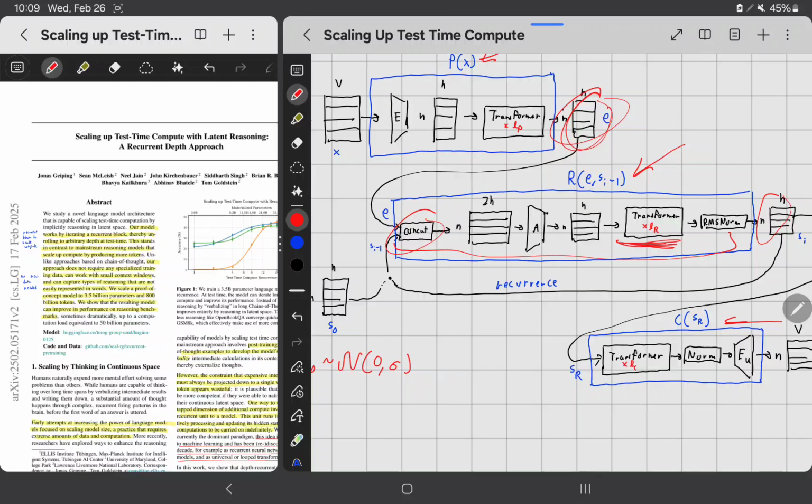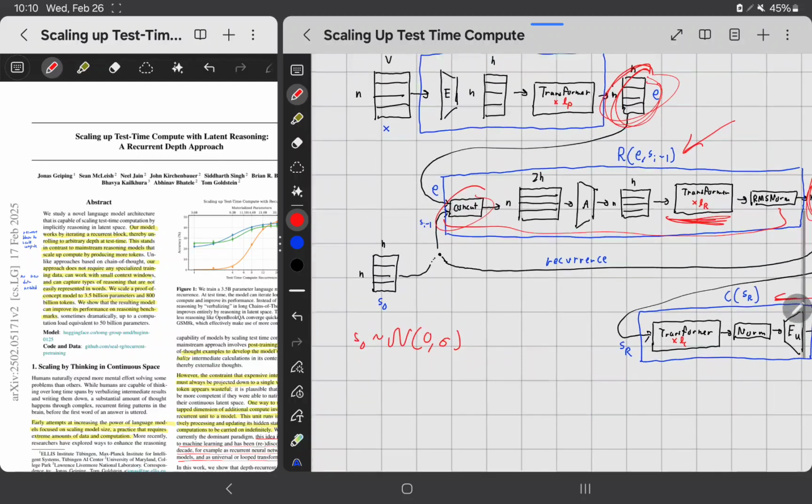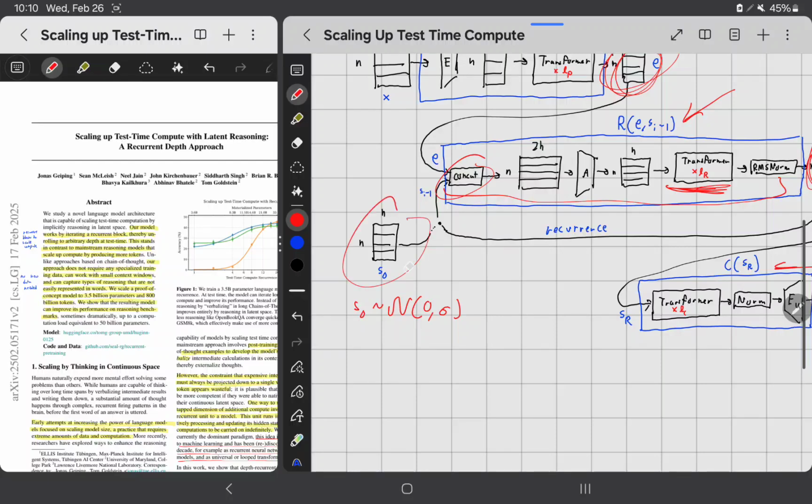So this initial latent embedding is always sent through the transformer as well as the current state. So it has information from the initial embeddings and the current state I'm optimizing through this recurrent process.